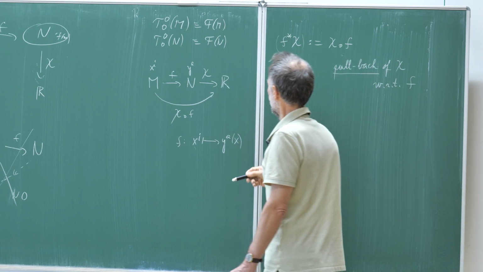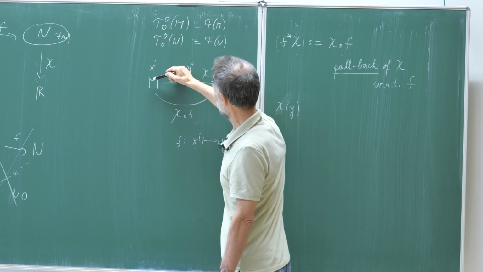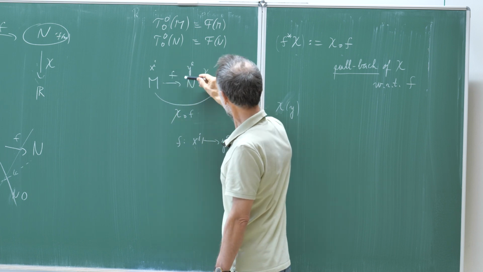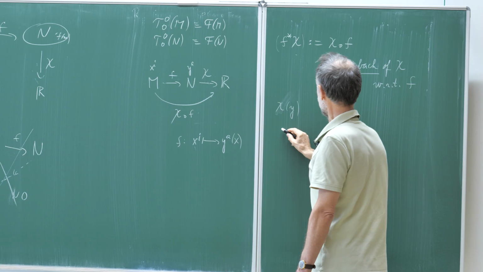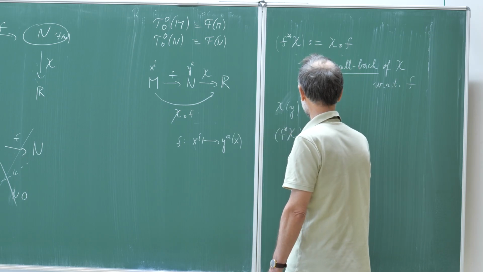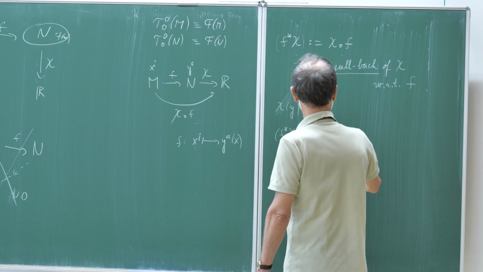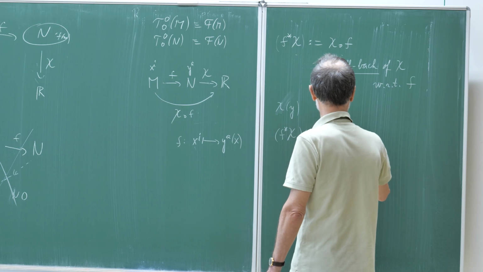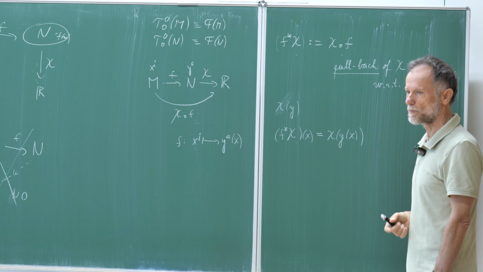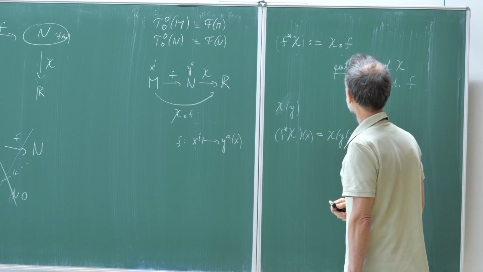And what is this mapping in coordinates? This mapping sends x to something, first by f, x's to y's, and then by chi, y's to R. Yes? So this, as a function of x's, is chi as a function of y's, and y's as a function of x's. It is just composition in coordinates. Completely trivial.